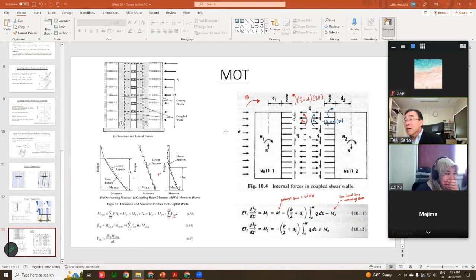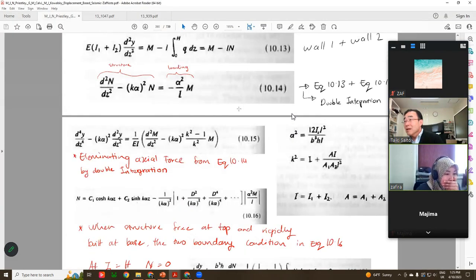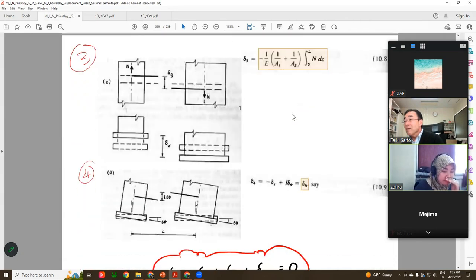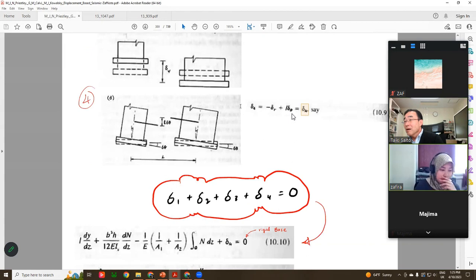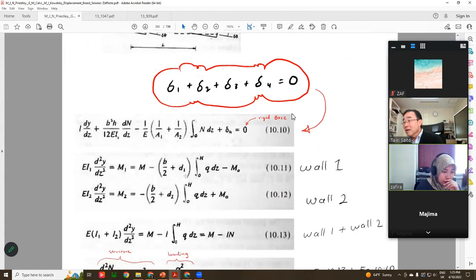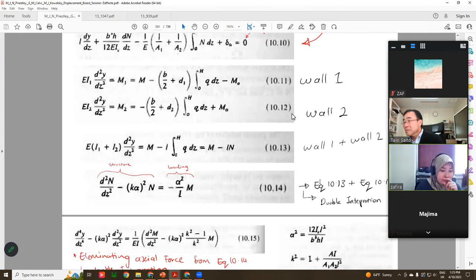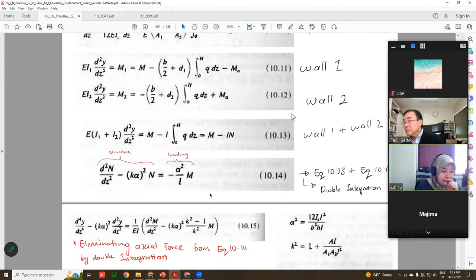Excuse me. Here, this is a book on tall buildings. Here we can see wall one and wall two, and they get this equation when wall one plus wall two, and then after that they double integrate and get this formula.